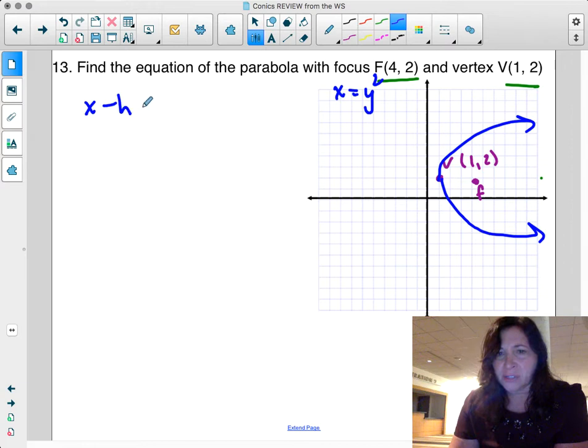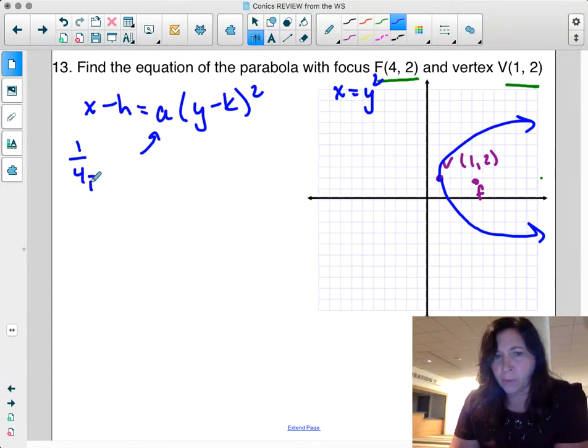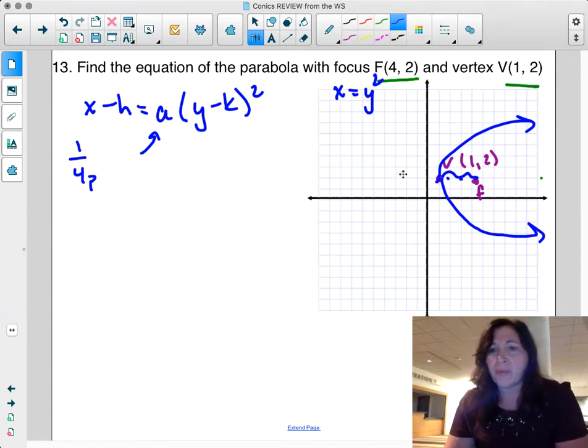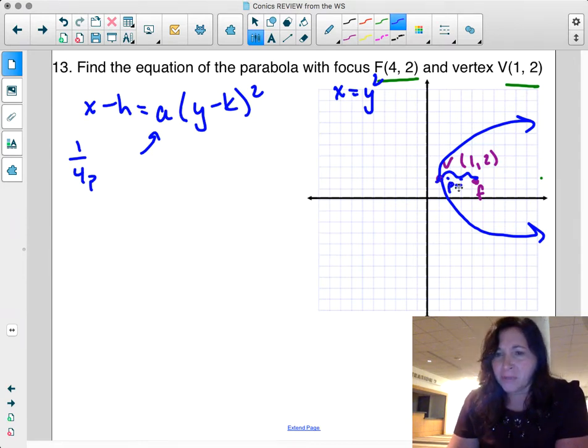Which tells me that my graph is an x equals y squared graph. So therefore, my equation would look something like this: x minus h equals a times y minus k quantity squared. And this a value is 1 over 4p. So p is this distance right here from my vertex to my focus. And that looks like it's 1, 2, 3. So if my p is 3, then I'm going to plug that in right here.